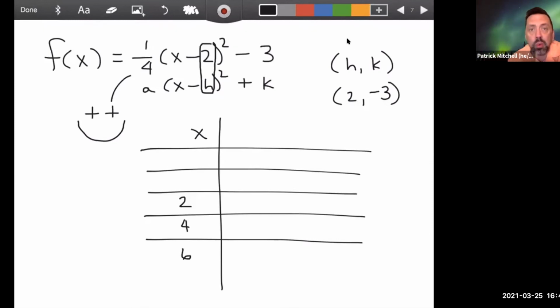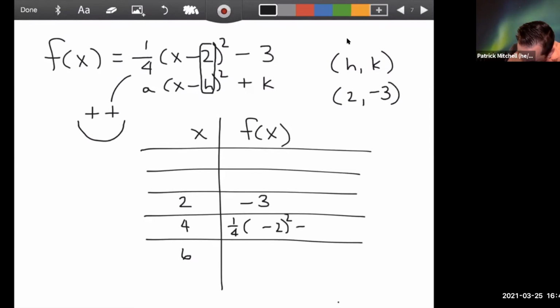We already know that the y that goes with x equals 2 is -3. Okay, so now for x equals 4, let's put 1/4 times blank minus 2 squared minus 3.